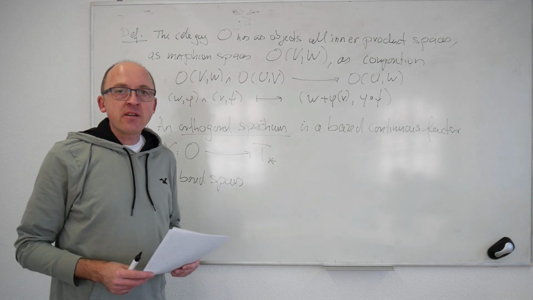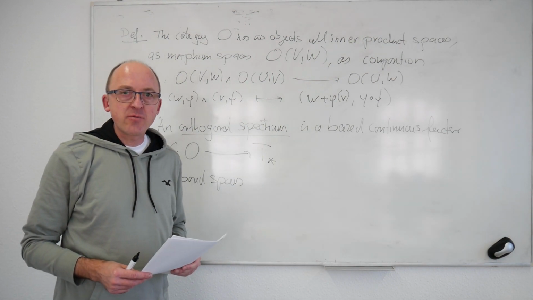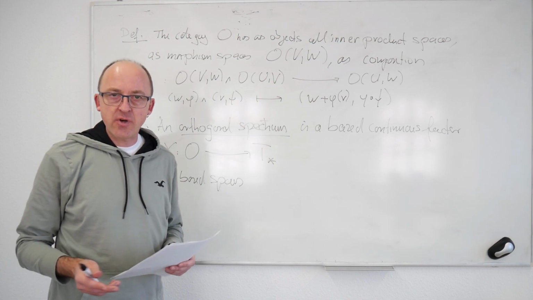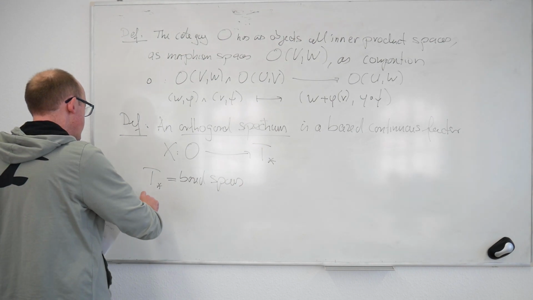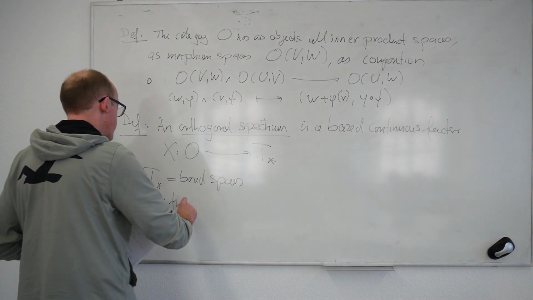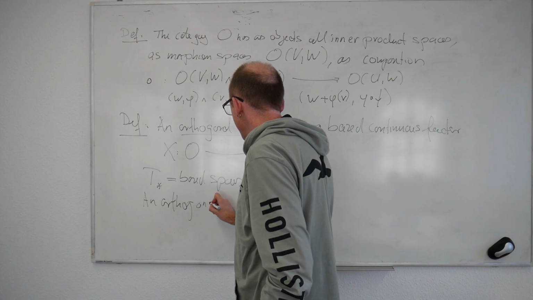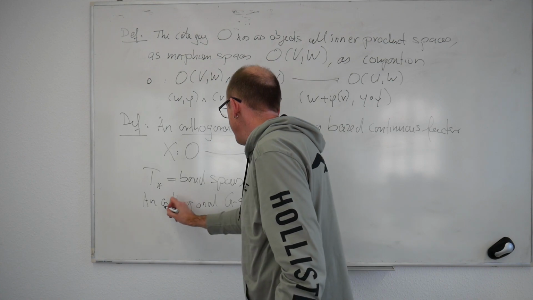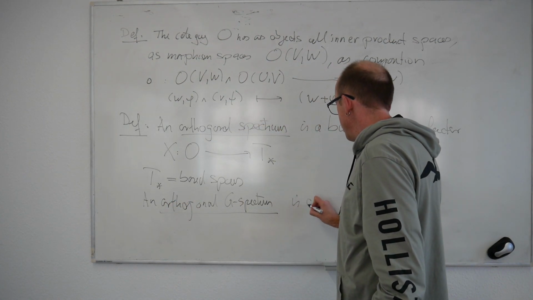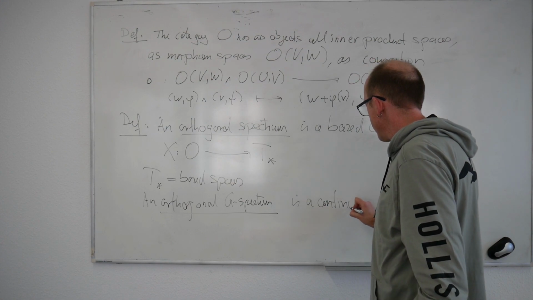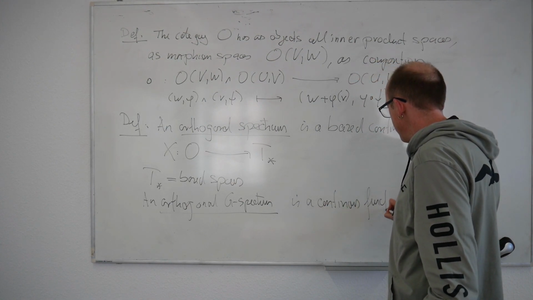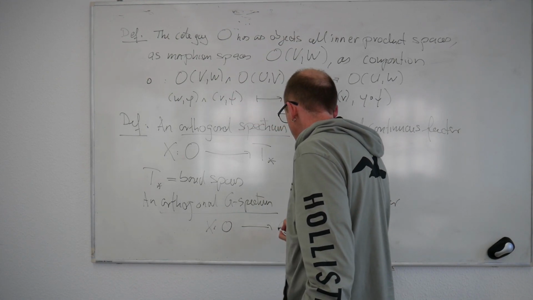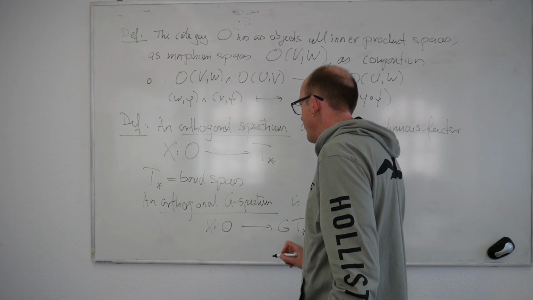Since we're at it, I can, on the same page, define what an orthogonal G-spectrum is. You could define this for arbitrary topological groups. We will only need it for compact Lie groups, so I'll do it in that generality. An orthogonal G-spectrum, where G is a compact Lie group, is a continuous functor X from the same indexing category, but now to the category of based G-spaces.